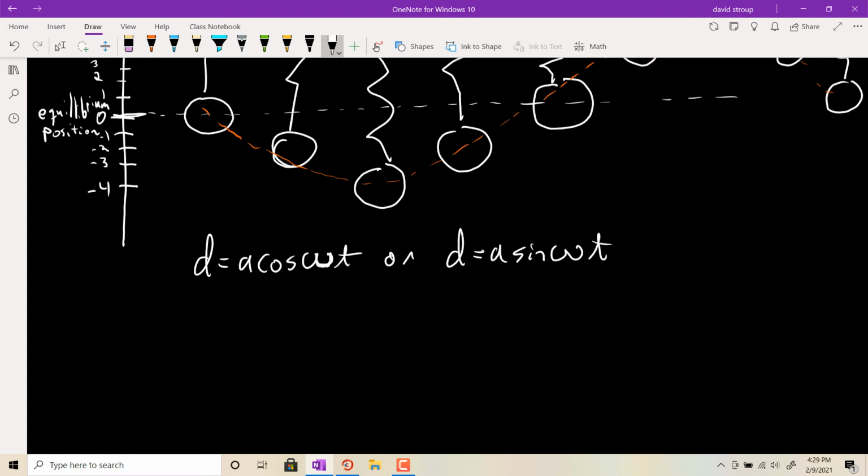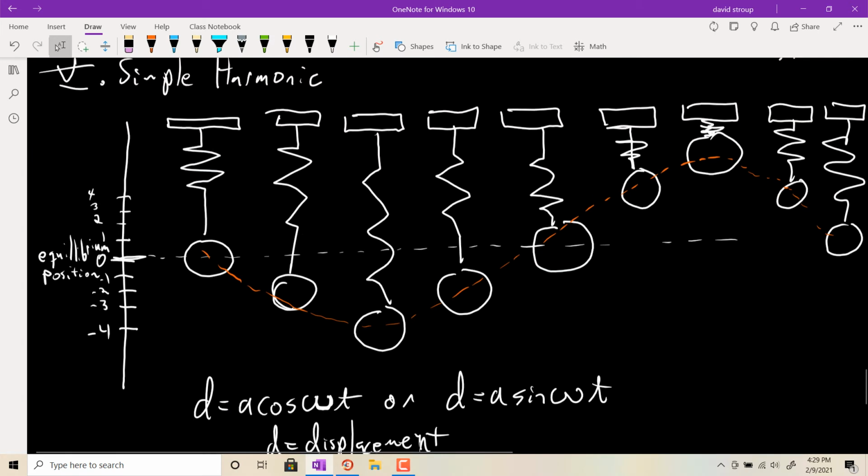That weird curly looking w thing is a lowercase omega. So again, what is d? D is displacement, the displacement from rest position. The rest position is at 0, and then the displacement here is like -2, and maybe -4 down here.